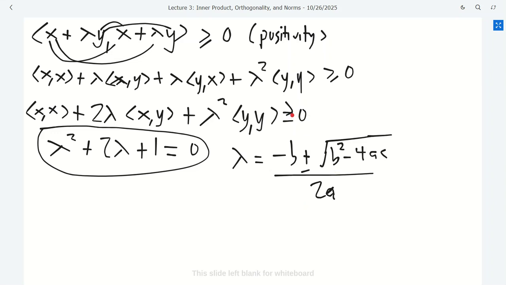Here, what we are saying is that this is greater than or equal to 0. That means we are going to have at most one solution.